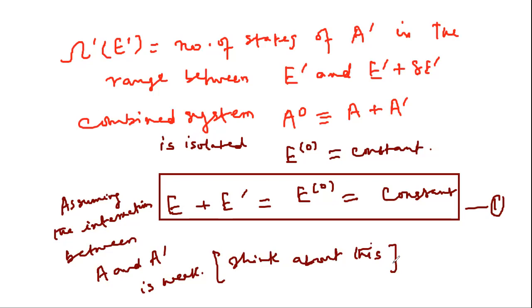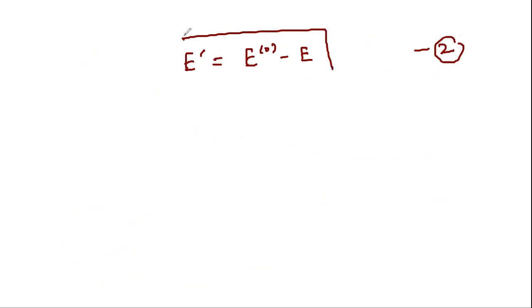Suppose that the system A has an energy which is more precisely between E and E plus delta E, then the corresponding energy of A prime by equation 1 is known to be E prime equal to E naught minus E. I name this second. Let me encircle it simply, right?